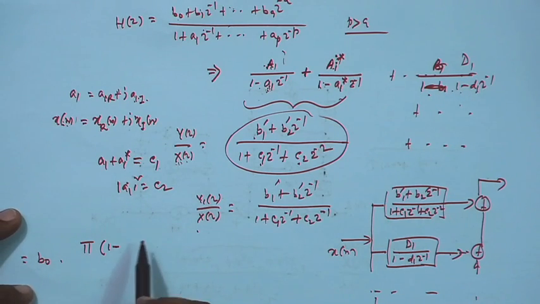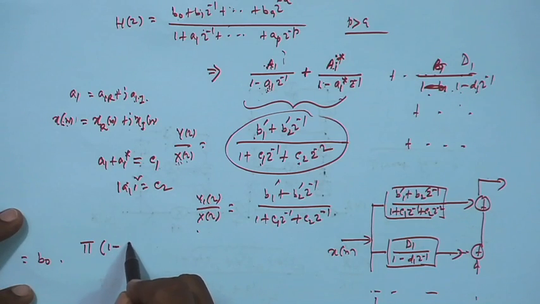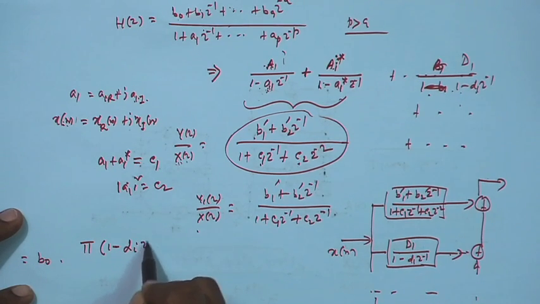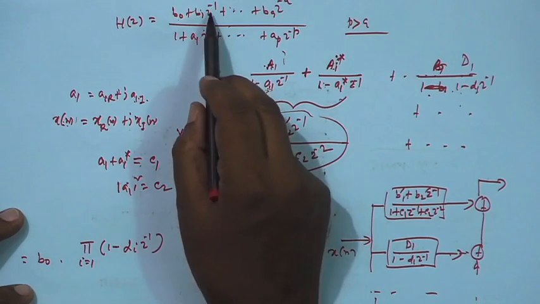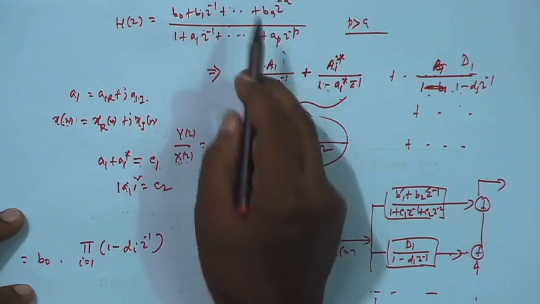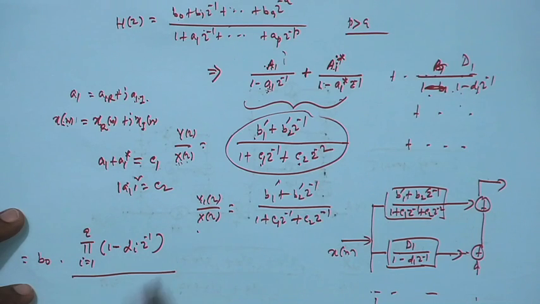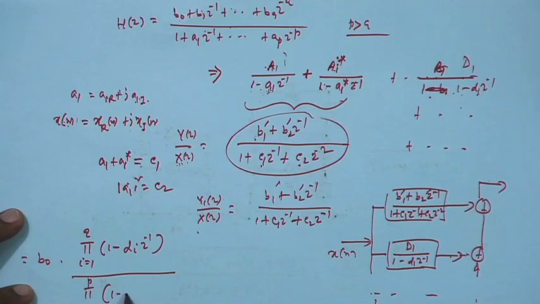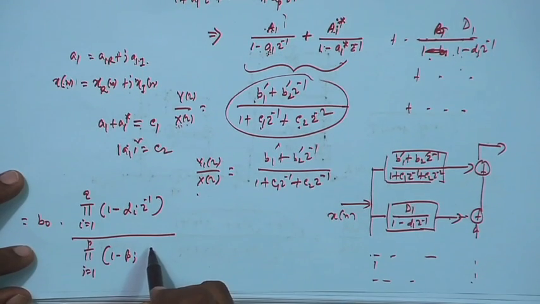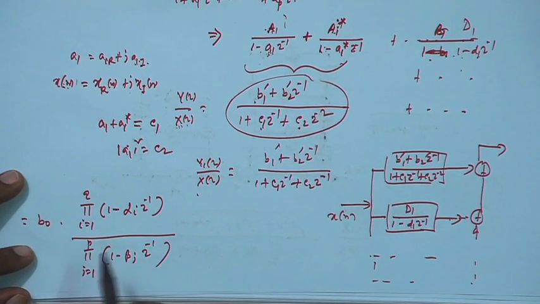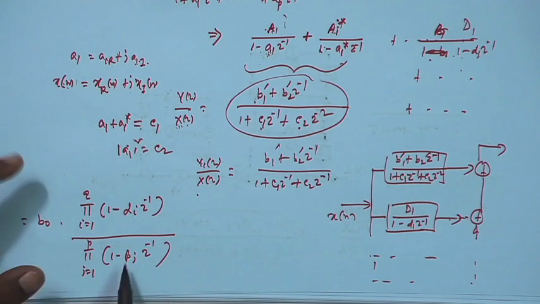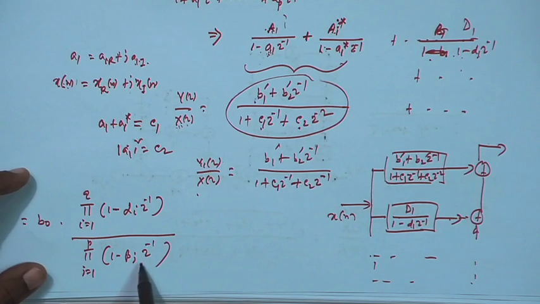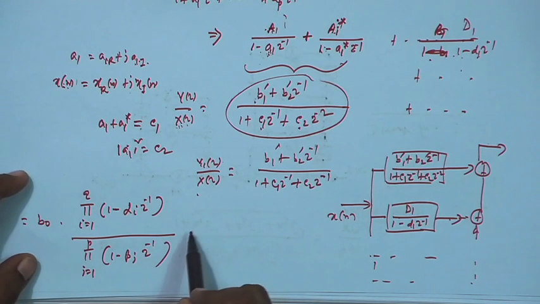Now, the numerator will be some coefficients, maybe alpha i Z inverse, i equal to 1 to how many? Z inverse 1 to Z inverse Q. So, there should be Q terms, and the denominator also, j equal to 1 to P, 1 minus maybe beta j Z inverse. So, P times, the power will be P. Now, here if they have a complex root, then its conjugate must be there, take those two.